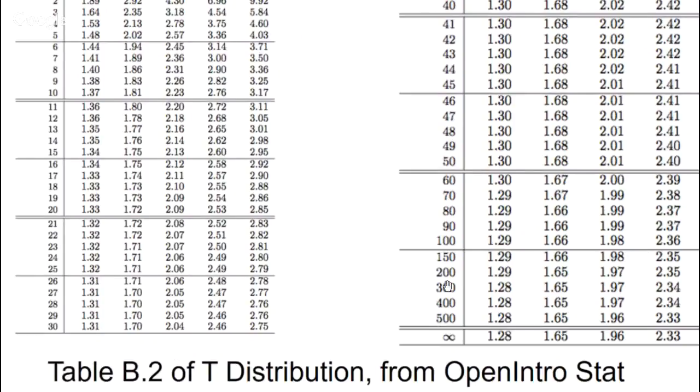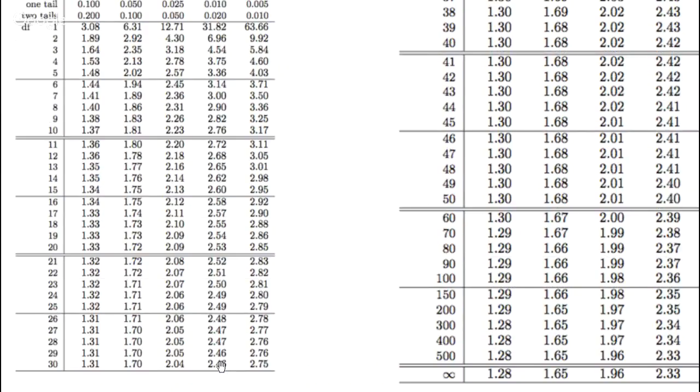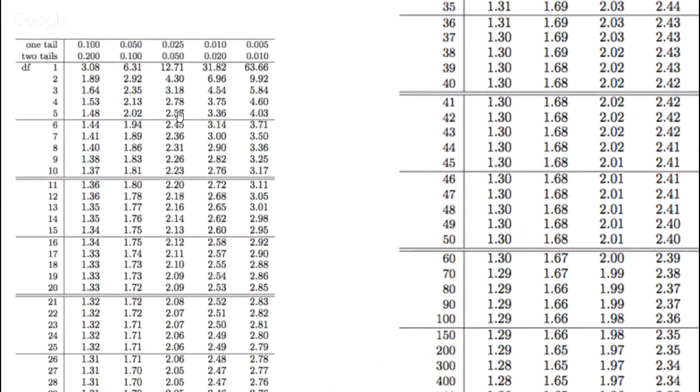But as you get fewer and fewer degrees of freedom, even at 30 degrees of freedom, this confidence interval is substantially larger: 2.04 critical value instead of 1.96. And of course, once we get down to, say, 5 degrees of freedom, there's a really big difference.